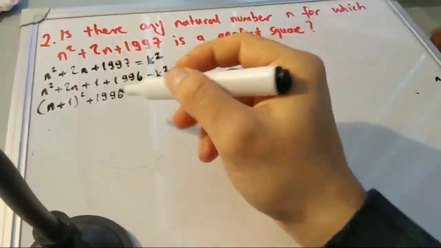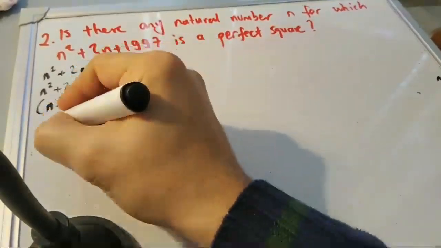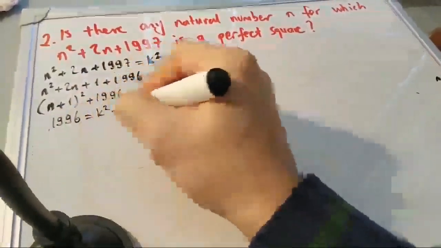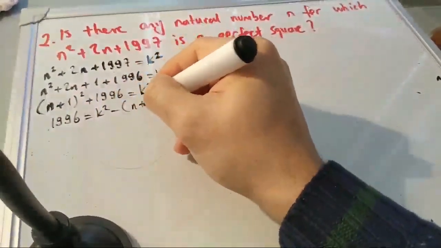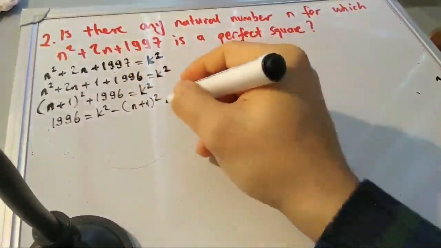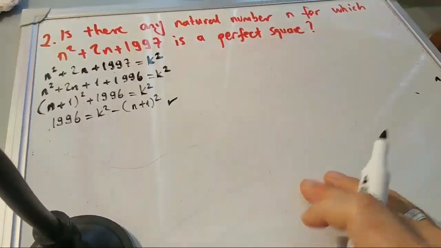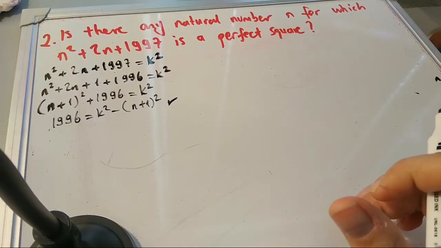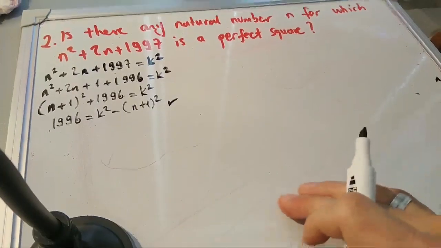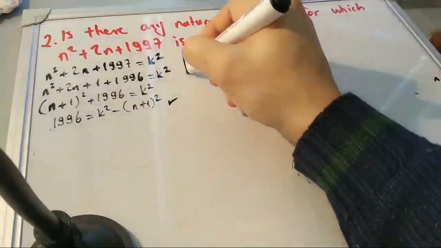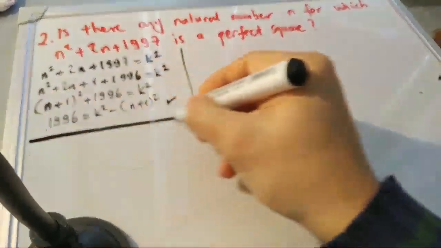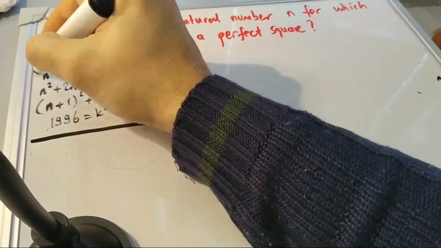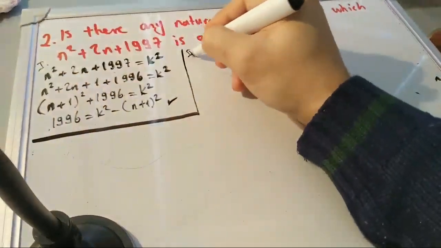When I take n plus 1 squared to the other side, we get 1996 is equal to k squared minus n plus 1 squared, right? A difference of two squares it is. Difference of two squares is step 1 and step 2.